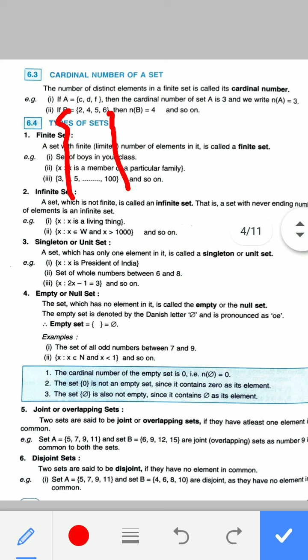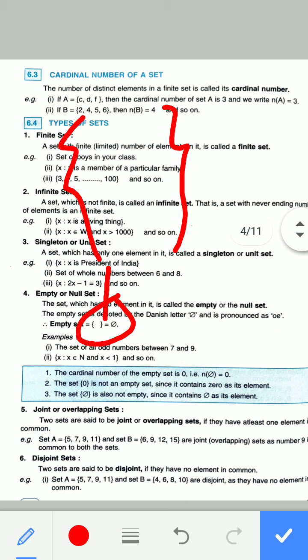A set having no element is called an empty set. That means the set will not contain any element, and we will denote this by this sign, which is called phi. In this way we have to understand and denote it.